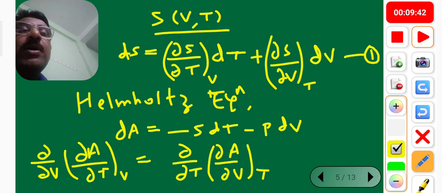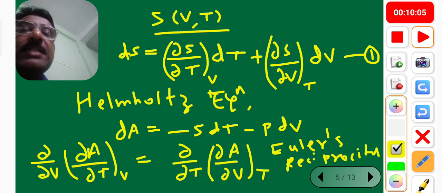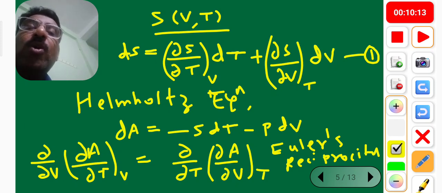This is Euler's reciprocity. Euler's reciprocity says that here we are connecting A, V and T. So I can write dou by dou V of dou A by dou T at constant volume is equal to dou by dou T of dou A by dou V at constant temperature.